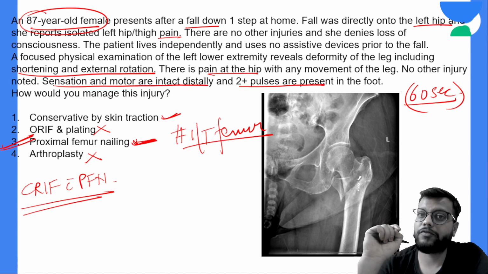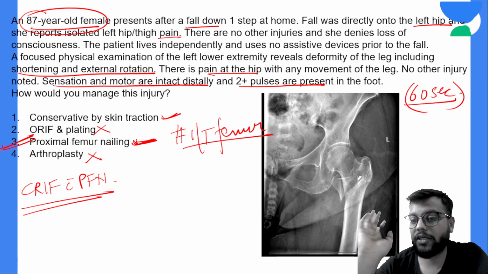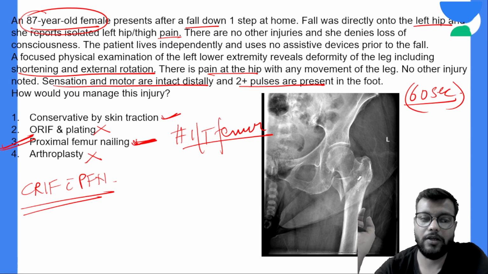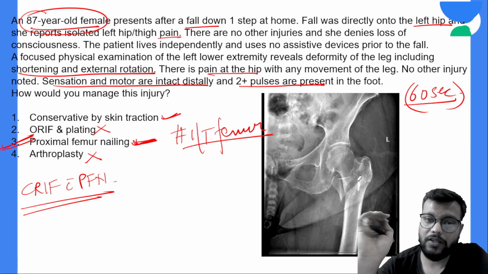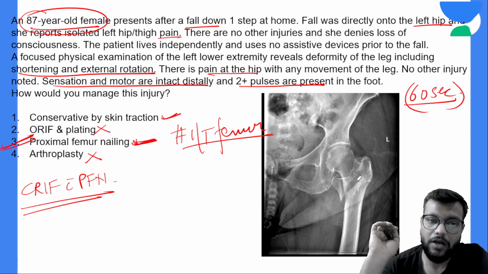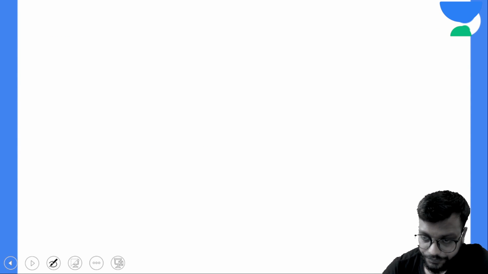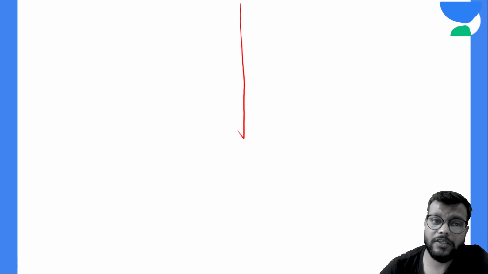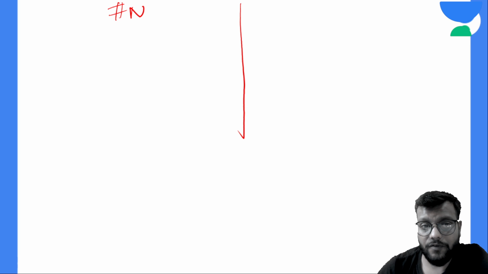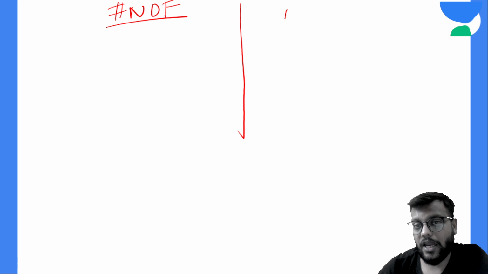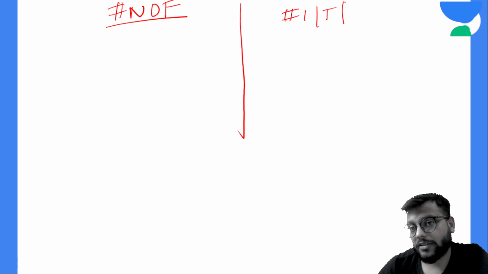So the treatment of choice in IT femur fracture, even in undisplaced one, will be CRIF with PFN, that is proximal femur nailing. Okay, now let us discuss the very important differences between neck of femur fracture and the IT, that is intertrochanteric femur fracture.